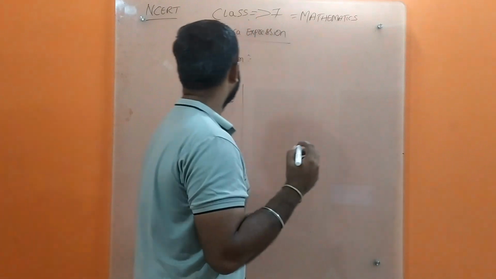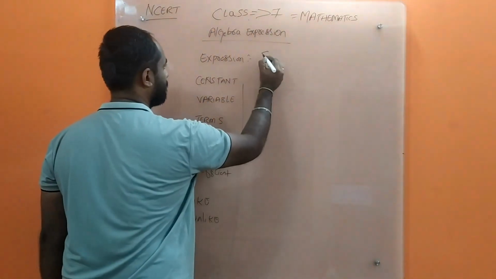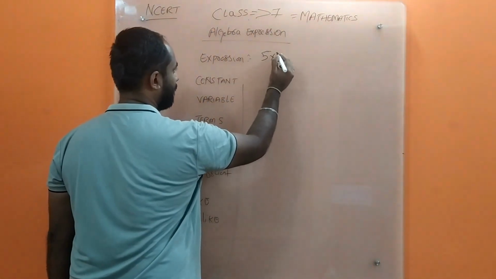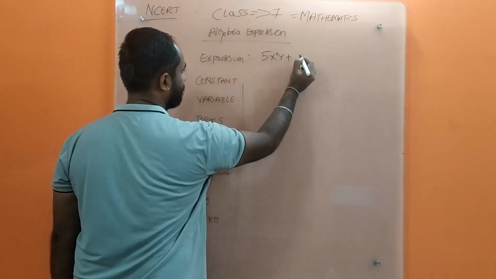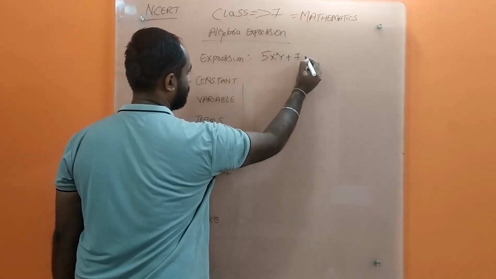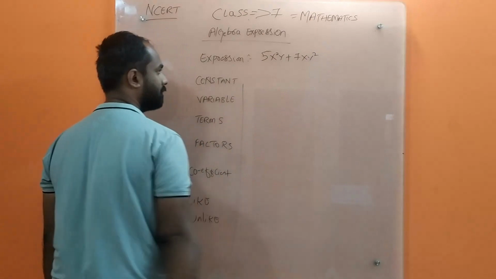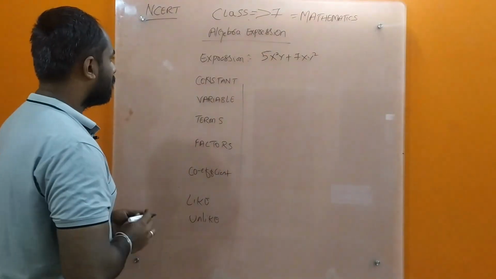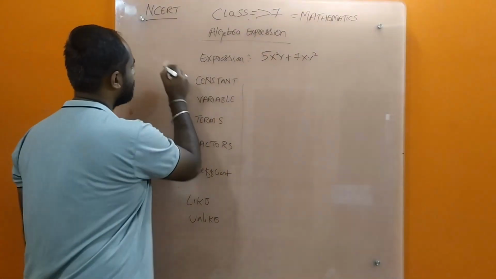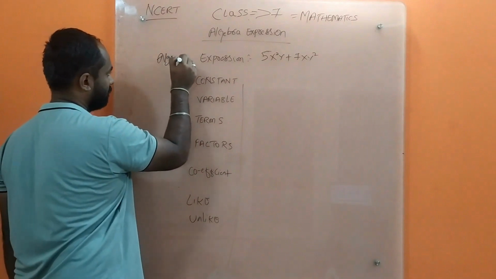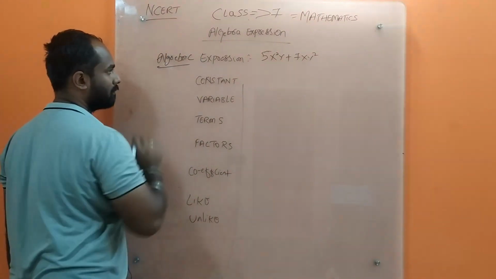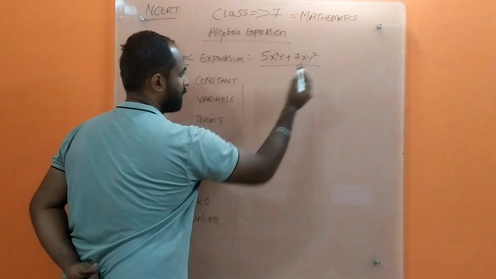The first item is 5x square y plus 7x y square. This is an algebraic expression.